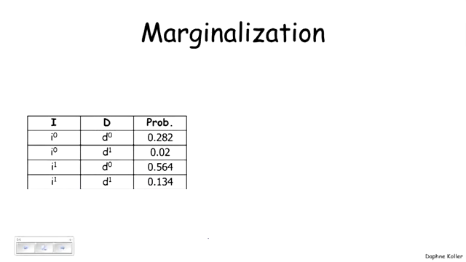Okay, the final operation that I'm going to talk about regarding probability distributions is marginalization. That is an operation that takes a probability distribution over a larger subset of variables and produces a probability distribution over a subset of those.